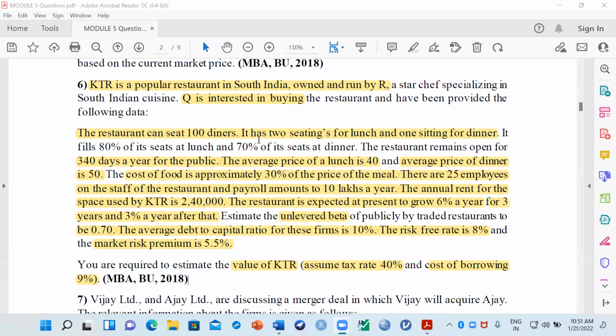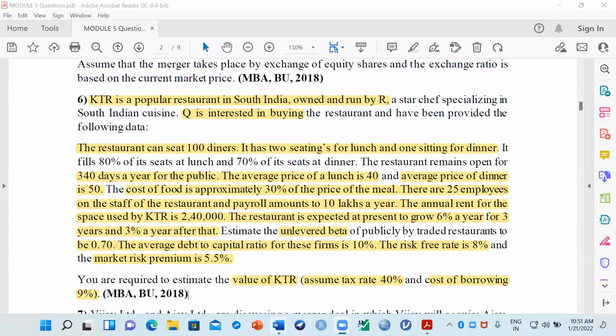Okay. So ultimately, how do these restaurants generate revenue? For any restaurant, what is the revenue model? By providing, yeah. Okay, I got two answers. Perfect.